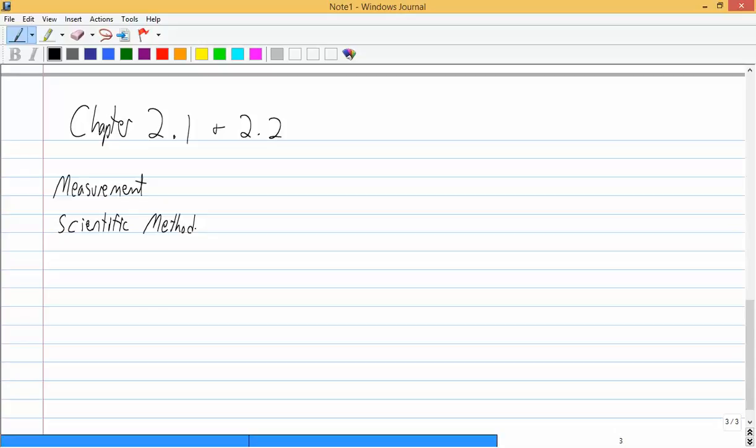What is the scientific method? With the scientific method, we gather information about the phenomenon being studied.